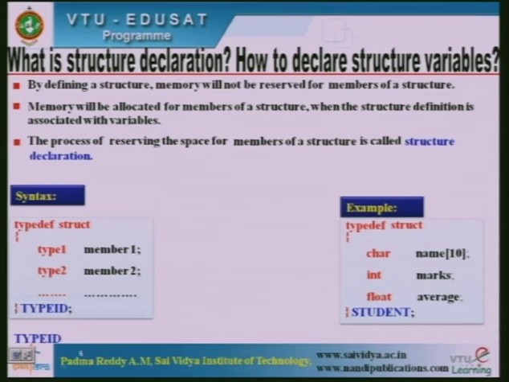Now here we write type ID followed by V1, V2 and so on up to Vn. So how many variables are there? N variables. All are of type what? Type ID. Similarly here I use one variable named CSC. CSC is of type what? Student. Remember, student is not a basic data type such as int, float, char, double and so on. It is derived using the basic data types. So we call student a derived data type.